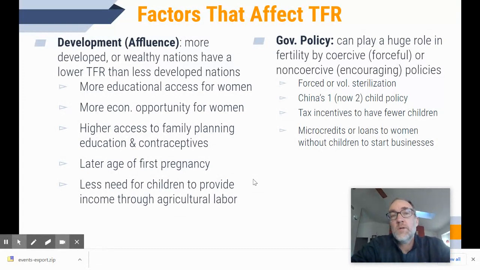In some countries, currently, in Germany and some other countries, they're trying to incentivize people to have children. Also, a big role can be things like micro credits or loans, specifically for women to start their own business. And oftentimes, those women have more capacity to do other things other than have children.